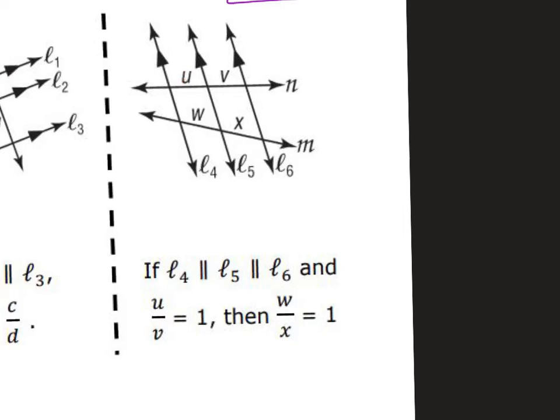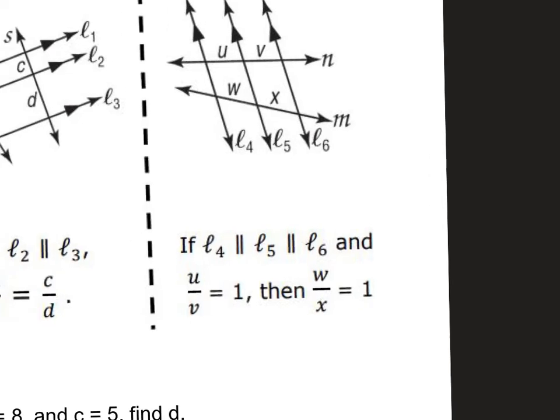So if U to V comes out to 1-to-1, then W to X will also be 1-to-1. So how does this look application-wise?